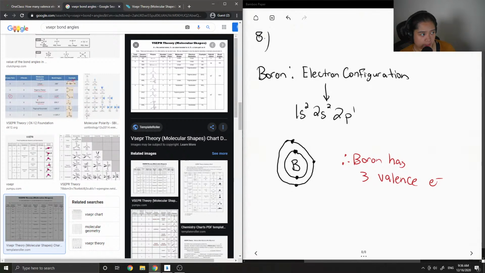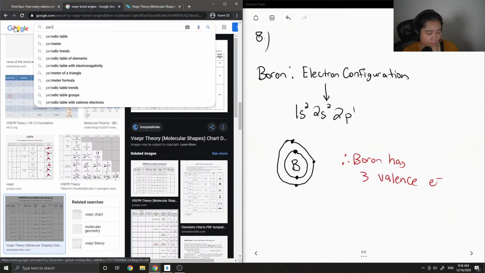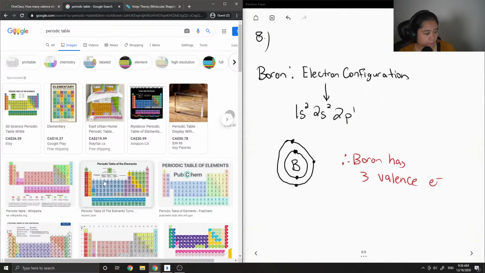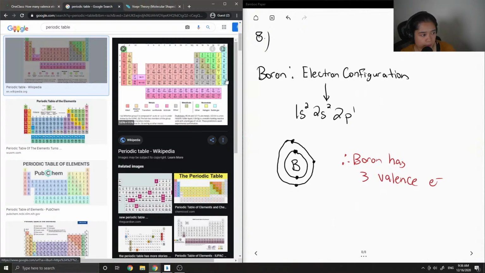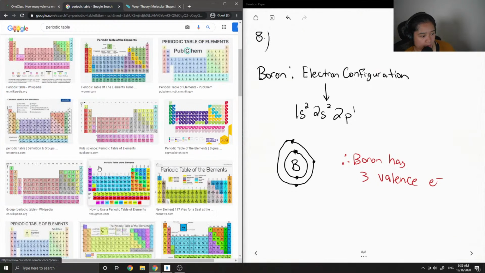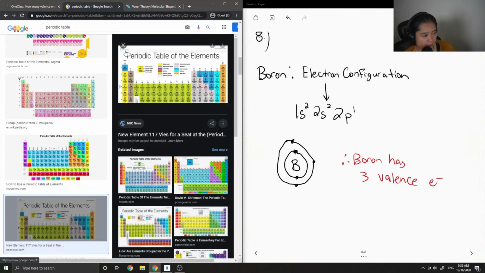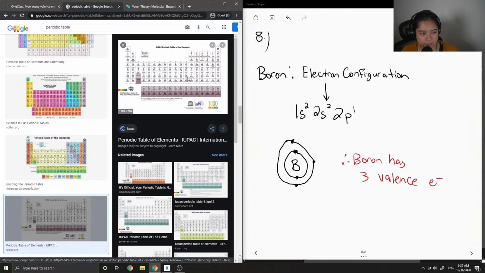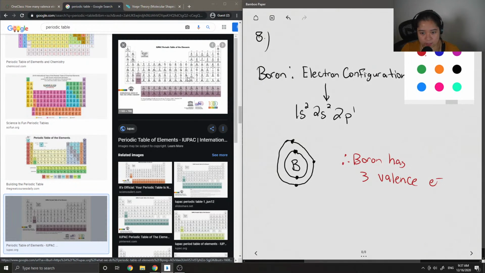Let's look at a periodic table. So boron is found here. So aluminum and all of the elements below it would also have 3 valence electrons. So let's draw aluminum as an example.